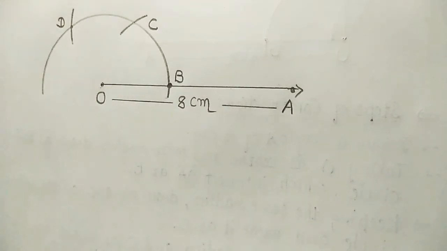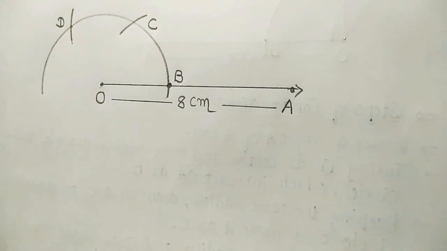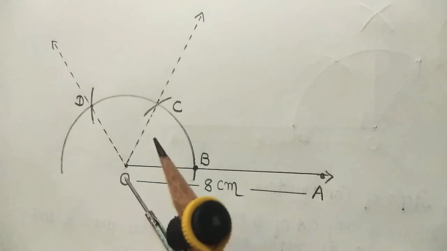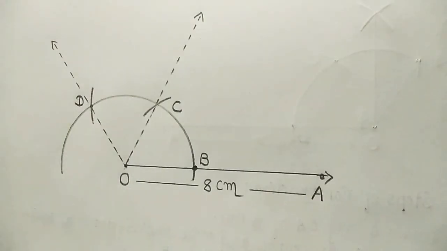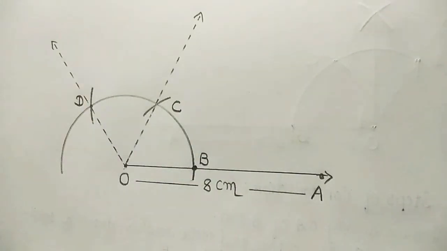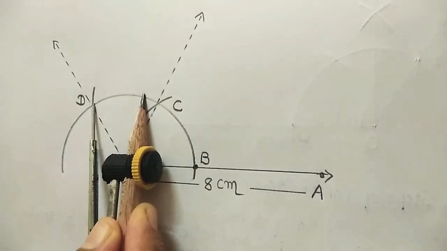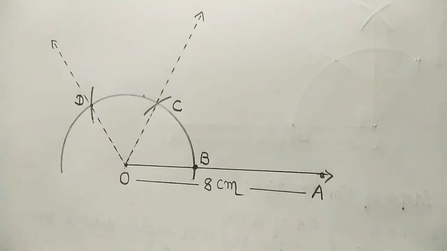So what will we do? Half of it. First of all, let us draw the lines OC and OD. So here we have a dash line for ray OC and another dash line for ray OD. Now we have to draw the bisector of angle COD, right? So how to do? Take more than half of the radius of CD. I am taking this much radius and then I will draw an arc in between.